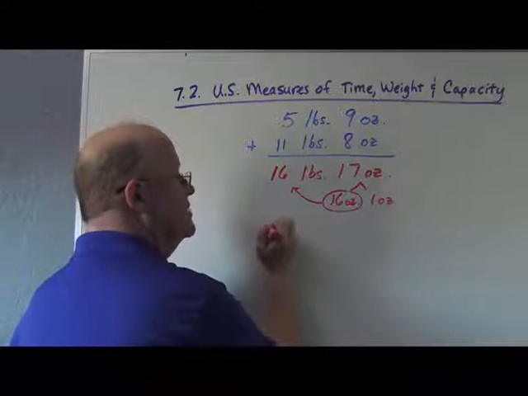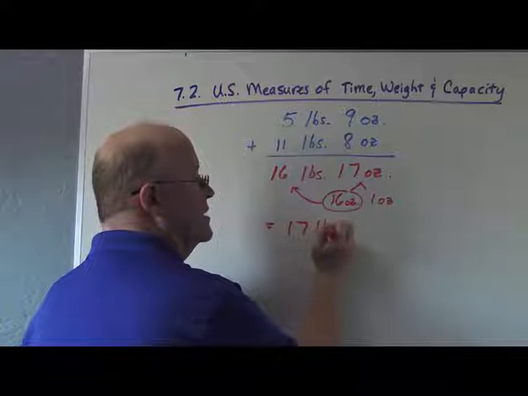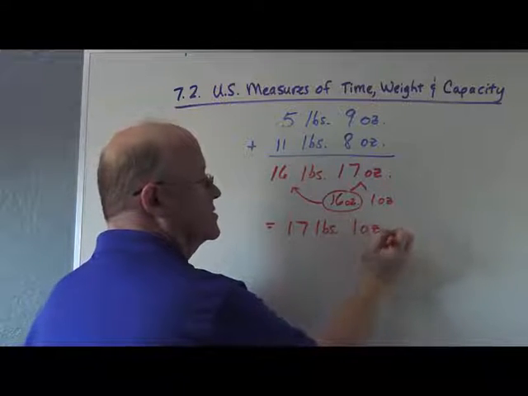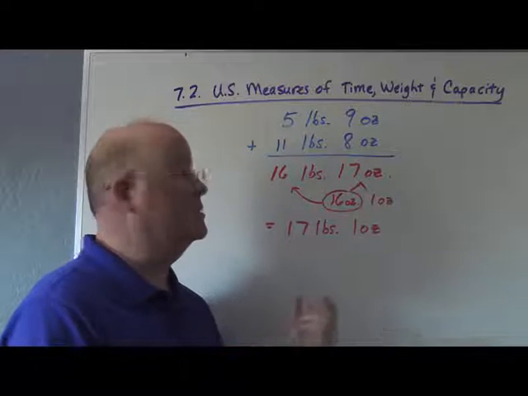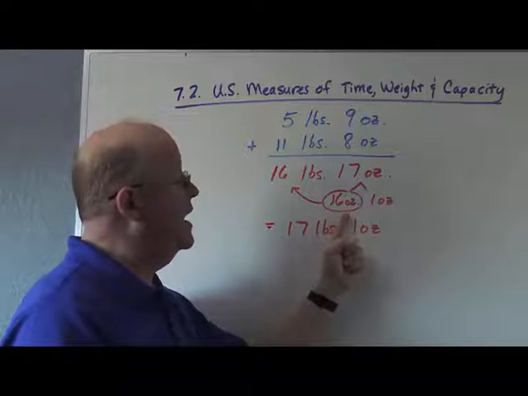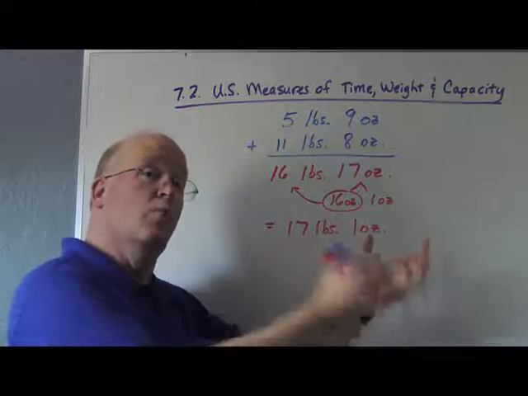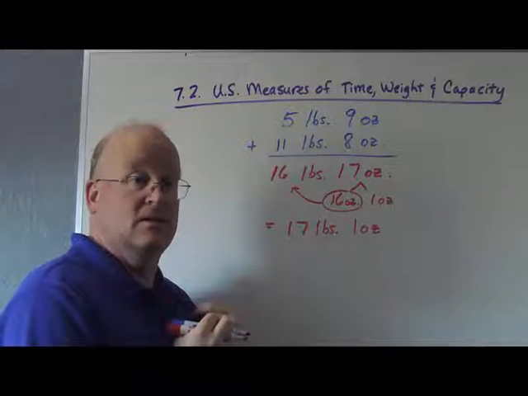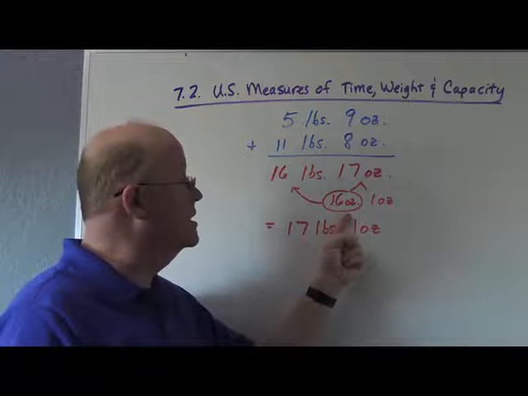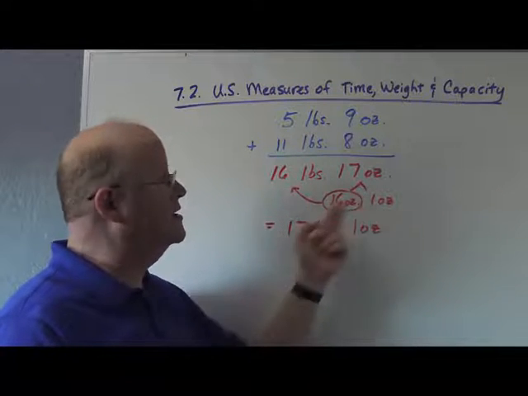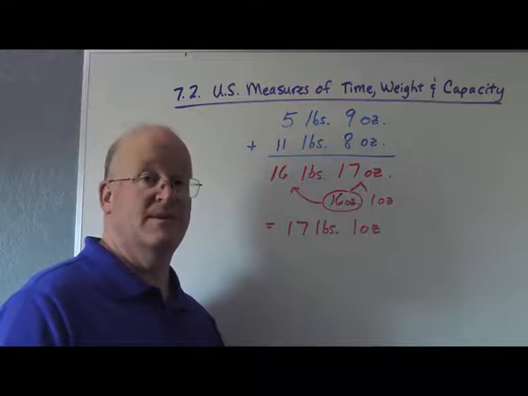And that's going to give me 17 pounds 1 ounce. So you can do carrying just like you do with regular addition, but you have to pay attention to how many items in one column get carried to the next column. In this case, 16 ounces is equal to 1 pound, and so I'm taking 16 of those 17 ounces to move them to the next column.